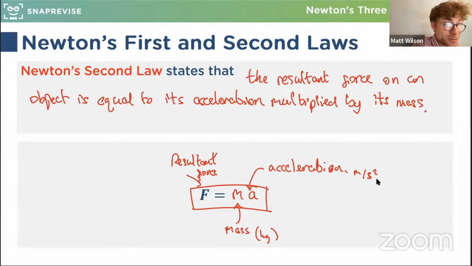Velocity is meters per second, and acceleration is rate of change of velocity with time. So you just divide by seconds again. So forces are typically measured in newtons, but looking at the other side of this equation, we can see that newtons are the same thing as kilograms meters per second squared. Okay, good.